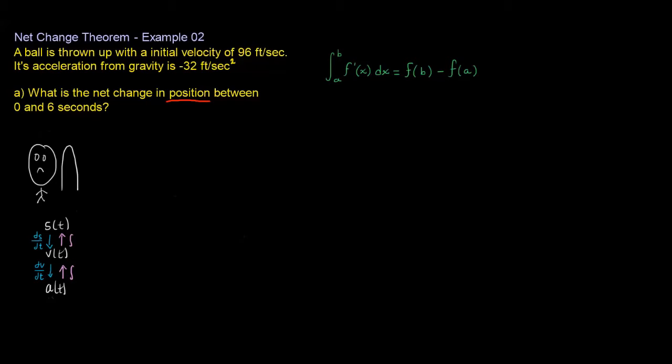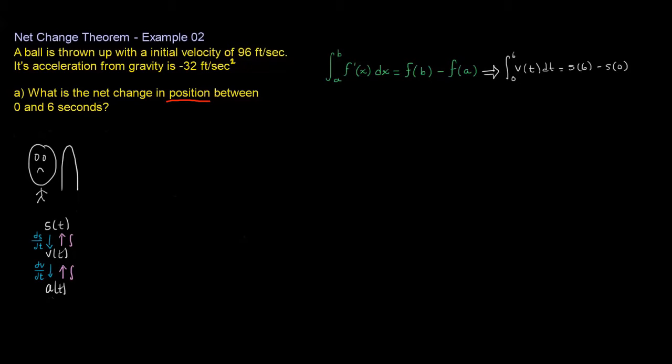So given the context of this example, what we will be looking for is the integral between 0 and 6 seconds of velocity with respect to time, and this will lead us to the net change in position, which is s of 6 minus s of 0.